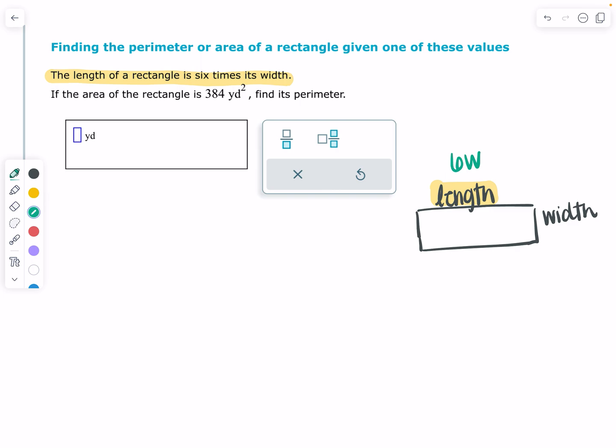So then the width must be just W. I don't know it, so I will call the width W, and then the length is going to be 6W. So my rectangle is going to be 6W by W.